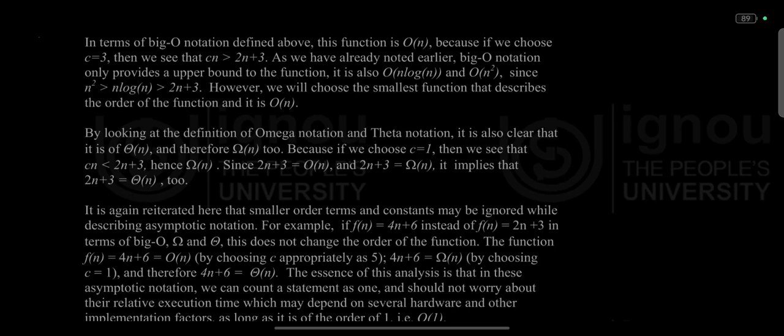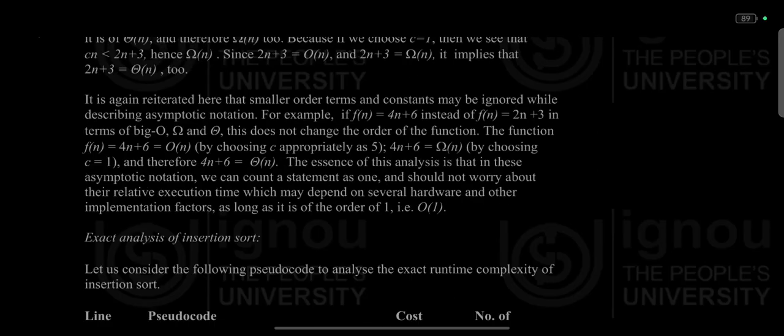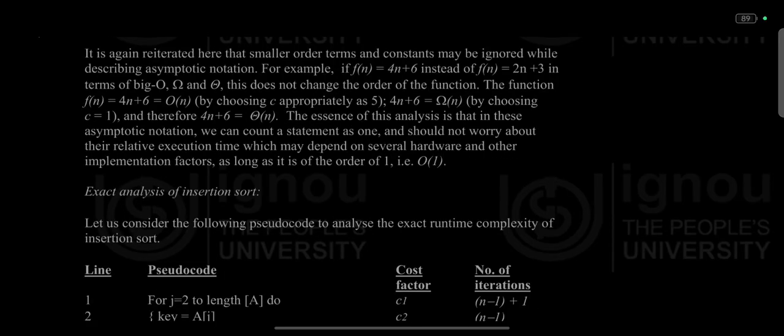It is again reiterated that smaller order terms and constants may be ignored while describing asymptotic notation. For example, if f(n) equals 4n plus 6 instead of f(n) equals 2n plus 3, in terms of big O, omega and theta, this does not change the order of the function.